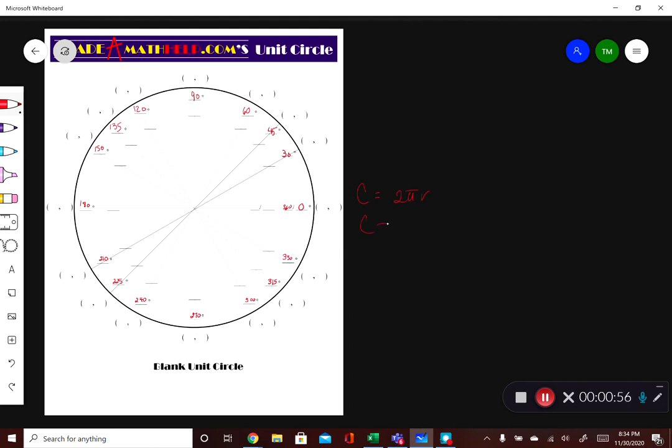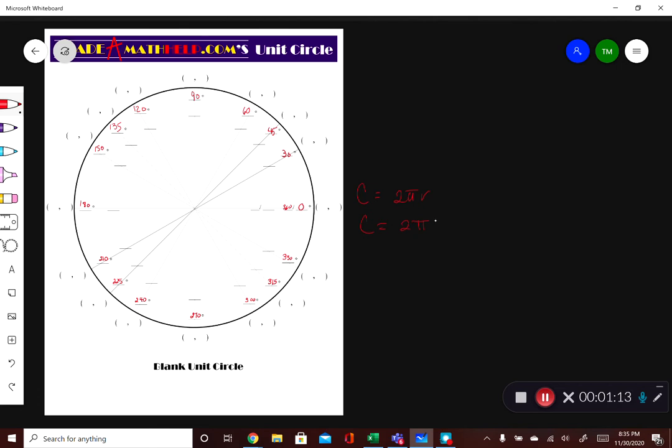So the circumference of the unit circle is 2 pi because the radius is 1. That is equivalent to the radian measure because the radian measure is the length of the arc of a circle with a radius of 1 unit.